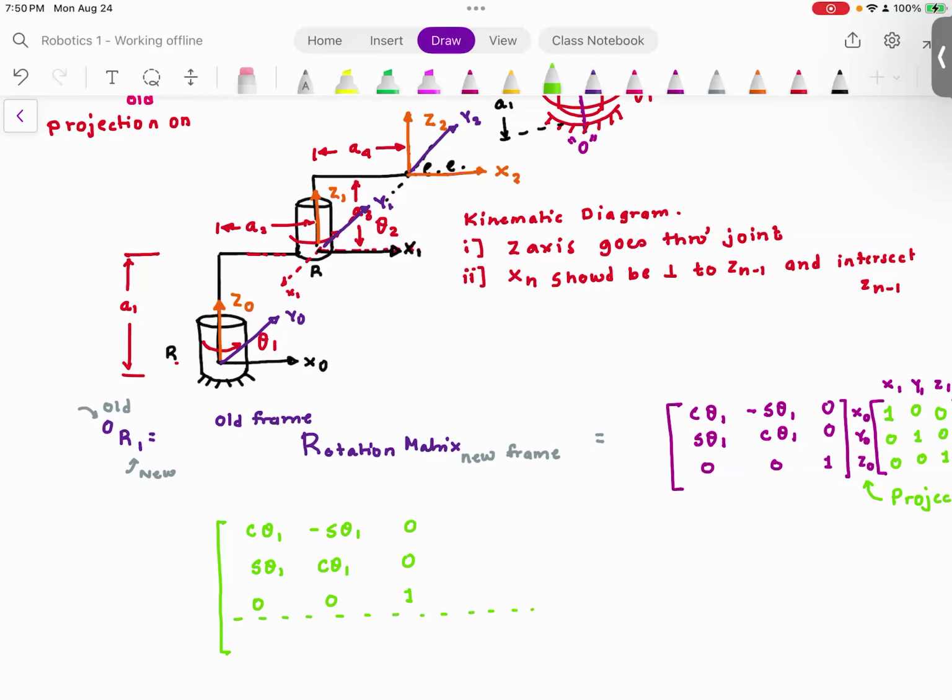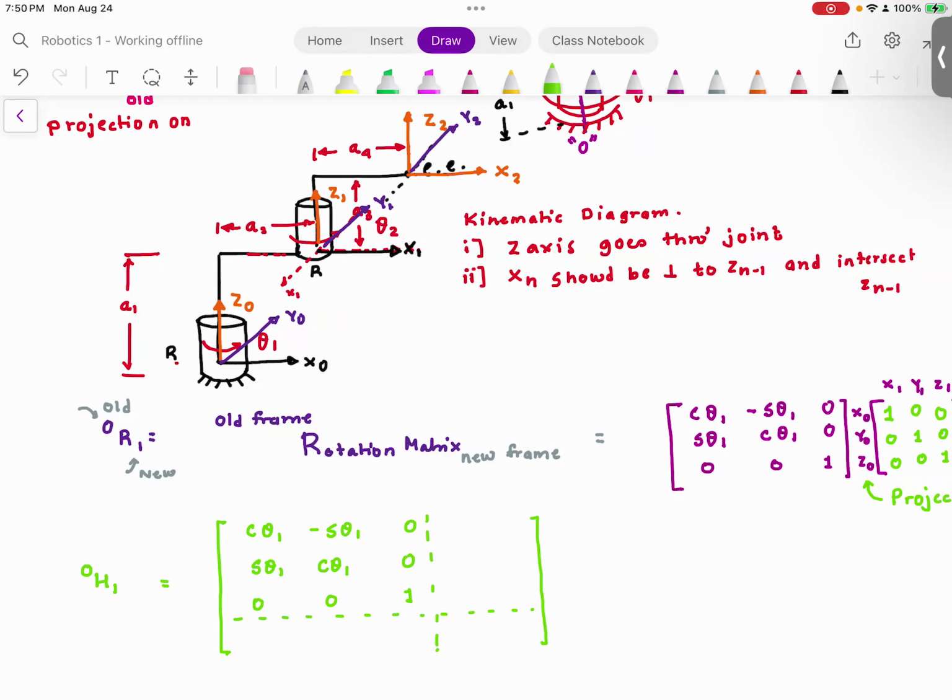Now, I'm drawing this for a reason, okay? So now, what I did, I have this rotation matrix. I appended the rotation matrix with a bunch of zeros because I want to build this matrix, which is called the homogeneous transformation 0H1. And how do I construct the homogeneous transformation?